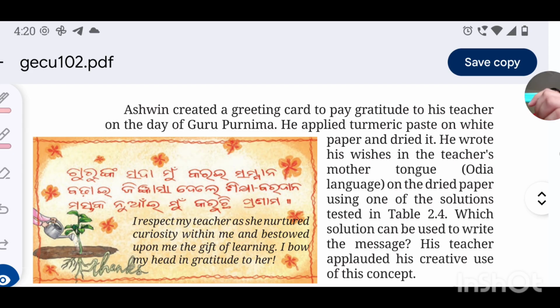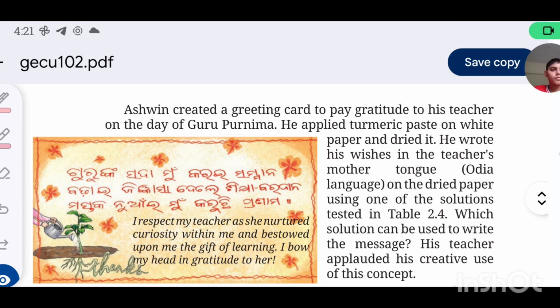He used turmeric, so we will use any base like Eno. We can use surf powder. Okay, and baking soda, baking powder, we can use them.